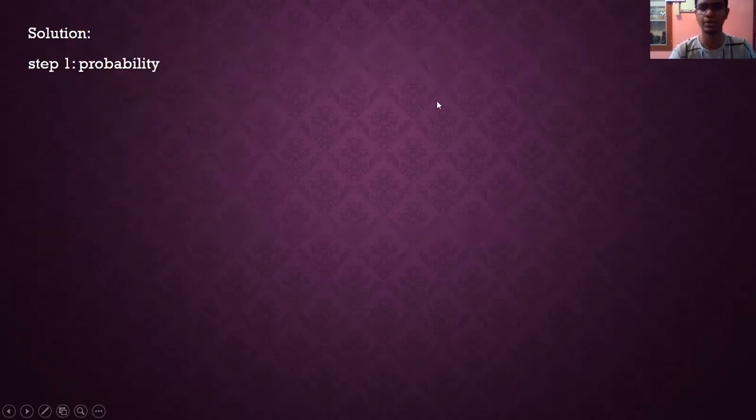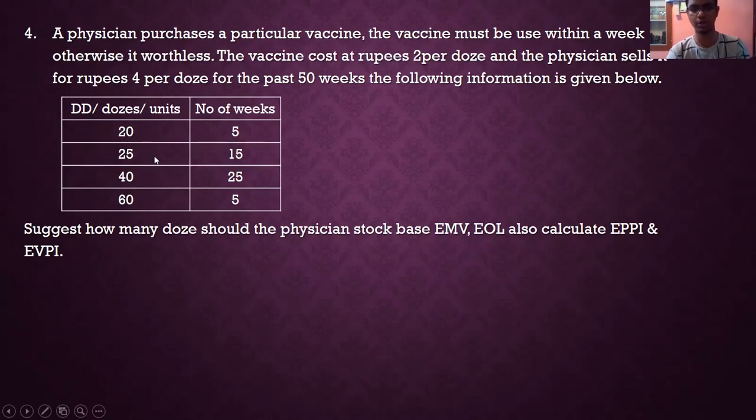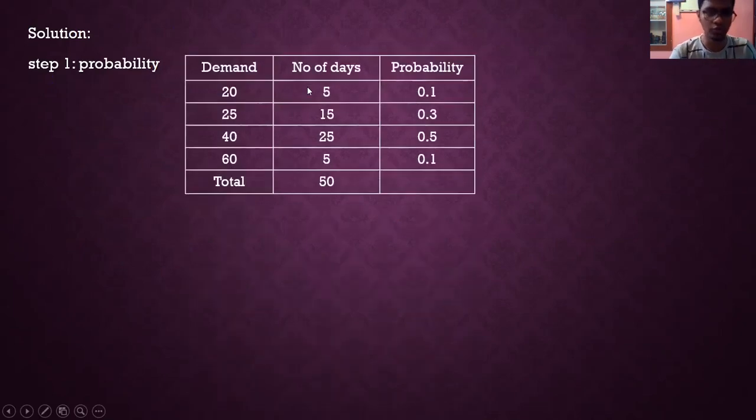The first step here is to find the probability. How do we find the probability? First we copy the table which they have given in the question. First we write the demands: 20, 25, 40 and 60.